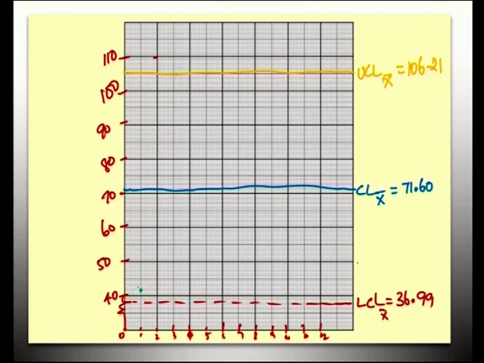Then 65 is plotted, then 75 is plotted, then 78 is plotted, okay. Then 87 is plotted. This is for sample 1.